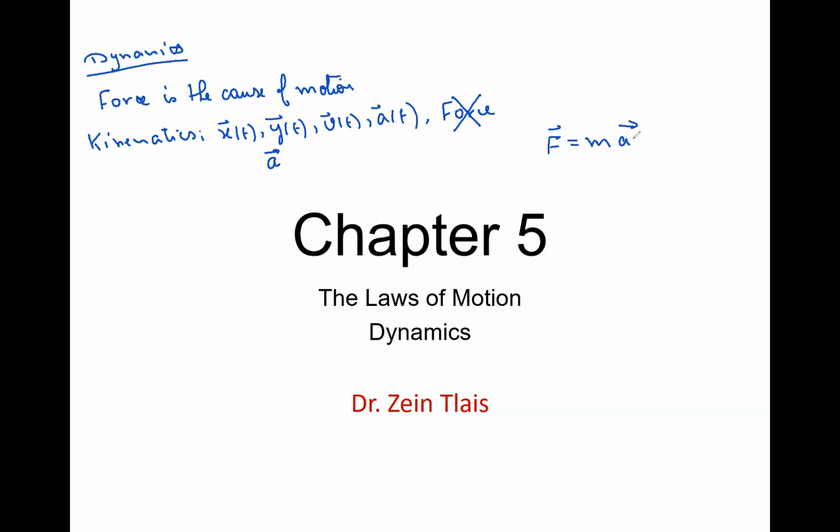From here, we can calculate a, and we come back to the kinematics equations. We can calculate the velocity, the position, the time. So here we have a combination between the dynamics and the kinematics in order to study the motion of any object.